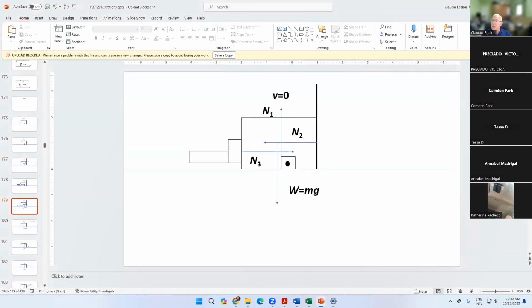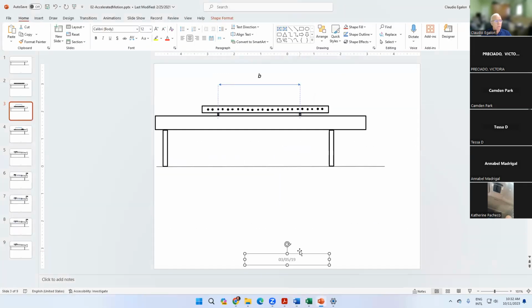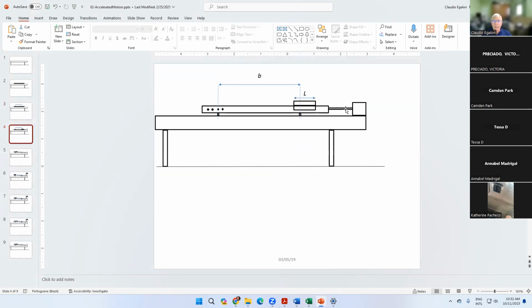I'm going to close this here. I'm walking you through the experiment, exactly how we do that in the classroom. The next thing that you're going to do, you're going to connect a hose to this end of the track.